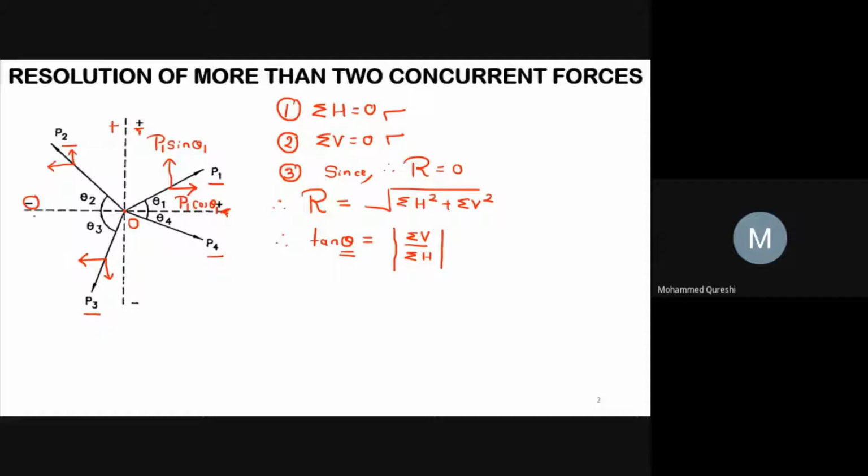So for the horizontal component we have a minus sign, and for the vertical component it is also a minus sign. Similarly, here also this will be your horizontal component and this will be your vertical component. Here the vertical component is negative and the horizontal component is positive.